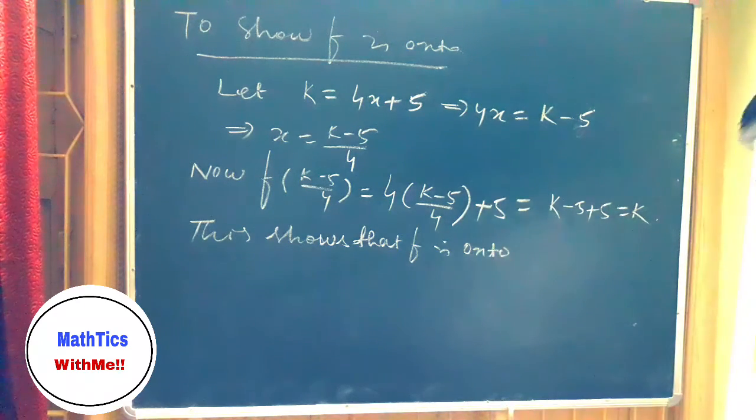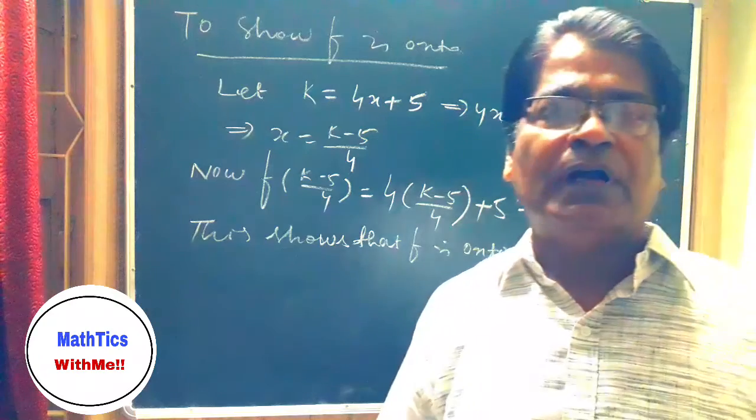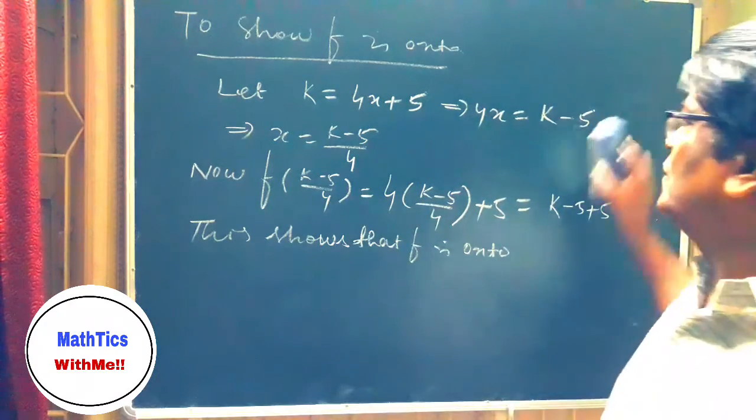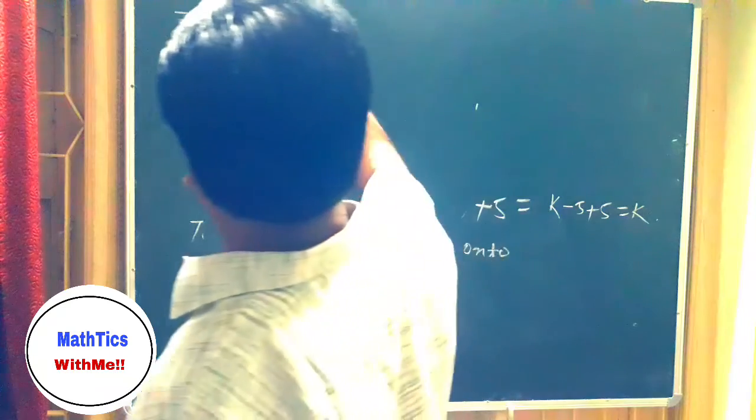So the function is onto. So the function is both one-one and onto, therefore it is bijective.